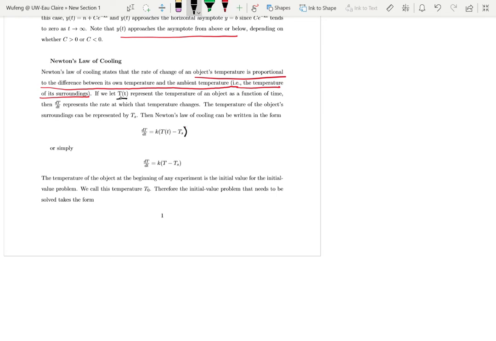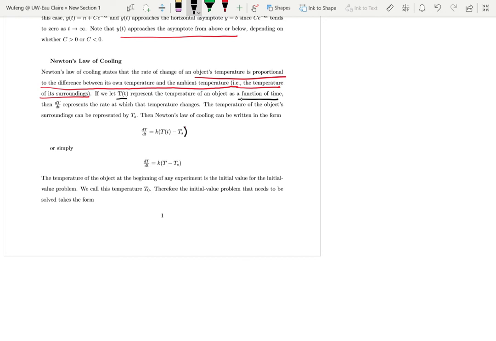T of t represents the temperature of the object as a function of time, because at different times the temperature changes or varies based on the difference. So if the temperature of the room and the temperature of the object are the same, then it doesn't change. Otherwise, if it's too hot, it will cool down. If it's too cold, it will warm up based on the surrounding temperature.